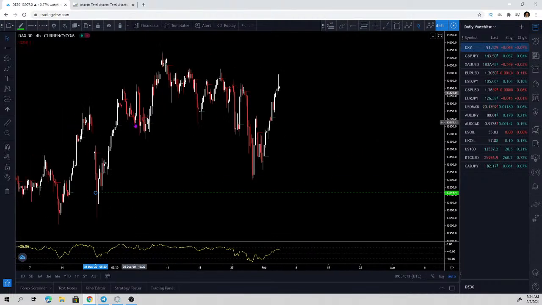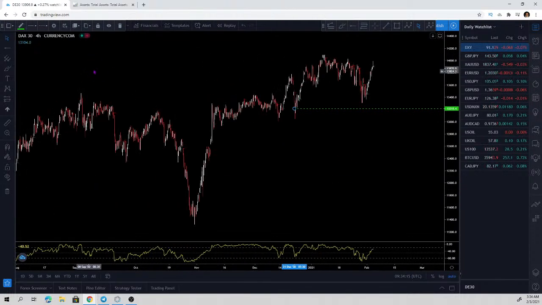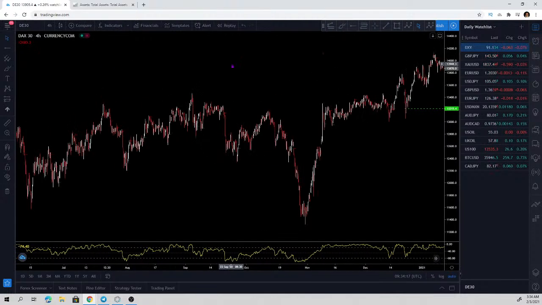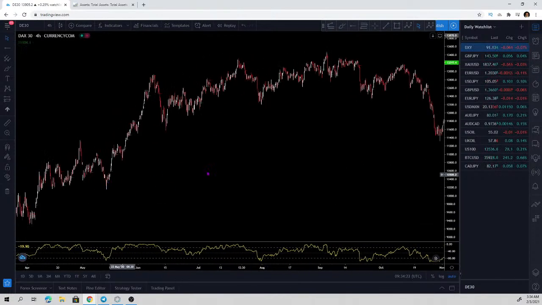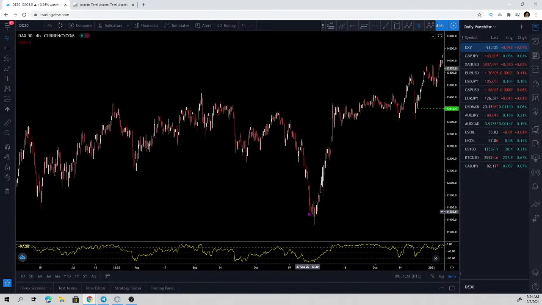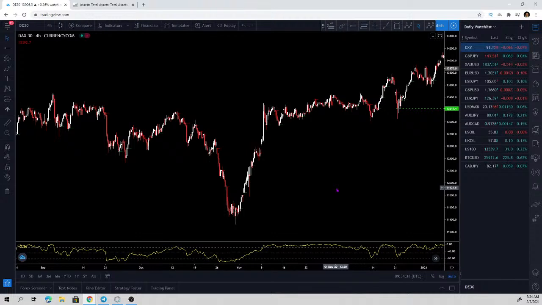But that was back in, I don't remember, could have been August or so. So this is May, maybe here, October. I don't know. I was looking at buying the DAX because of that, right?